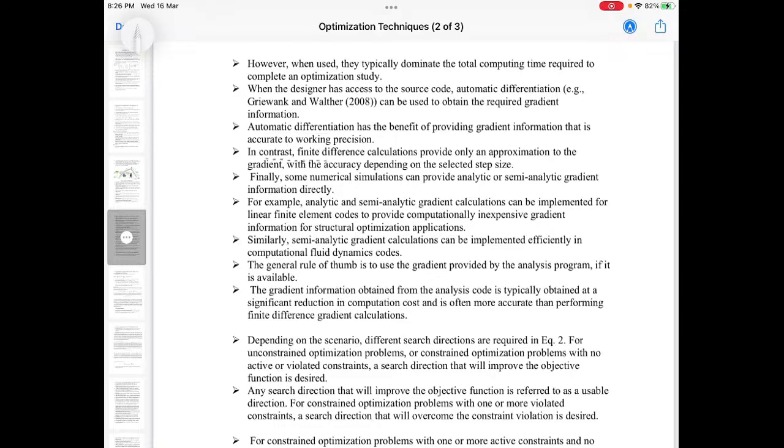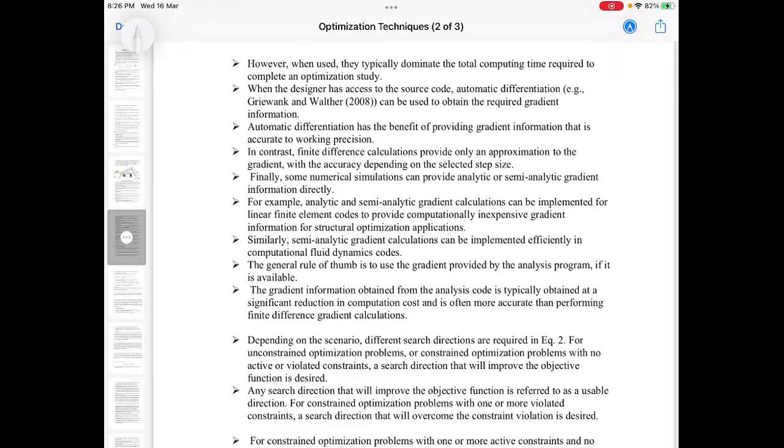In contrast, finite difference calculations provide only an approximation to the gradient with the accuracy depending on the selected step size. And finally, some numerical simulations can provide analytic or semi-analytic gradient information directly.